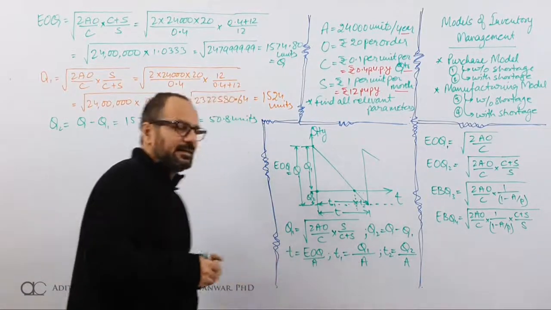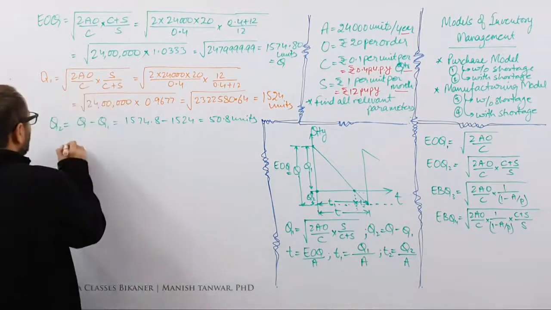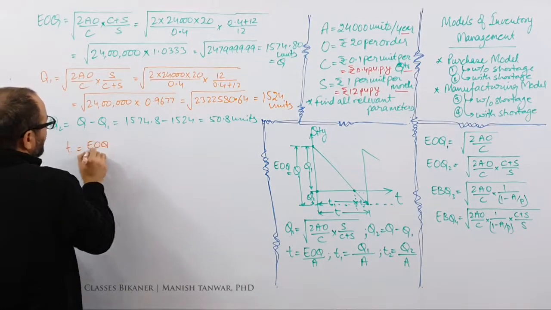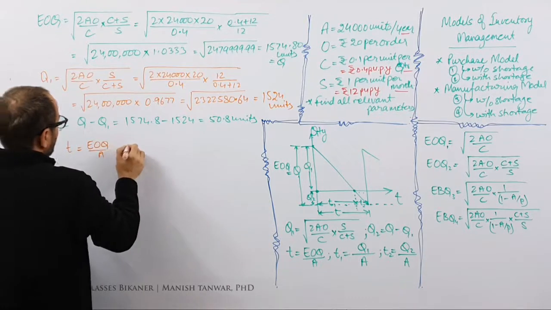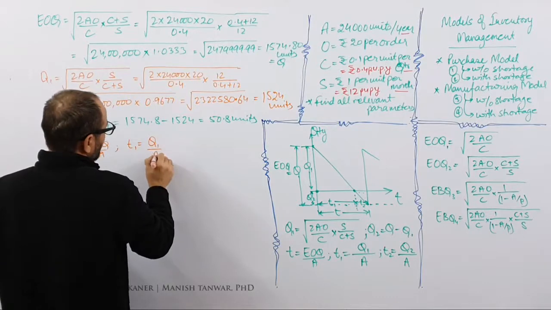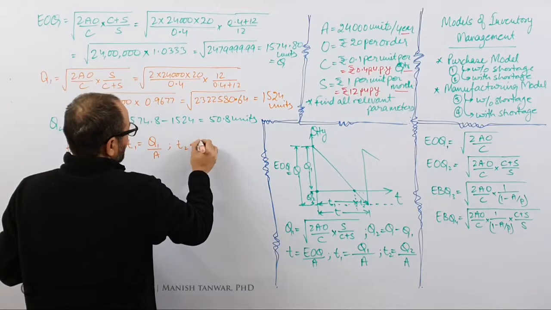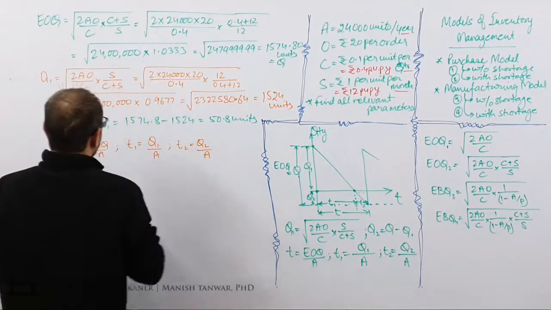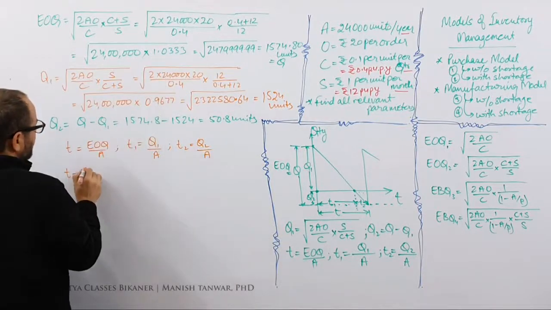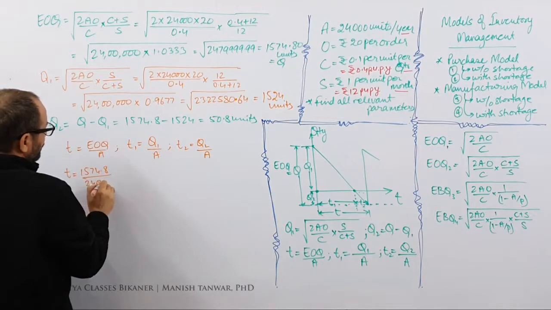Then remains the times. Let me make use of some other color once again. T is always EOQ upon A. T1 would be Q1 upon A and T2 would be Q2 upon A. So T is equal to 1574.8 divided by 24,000.